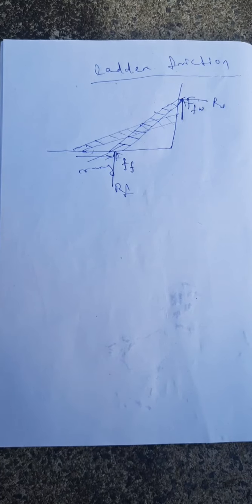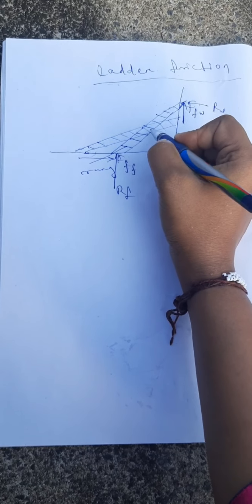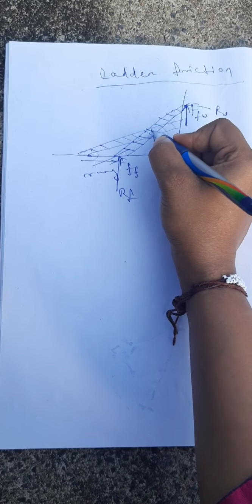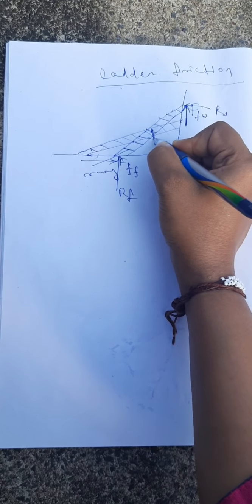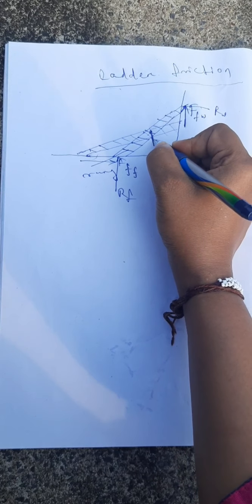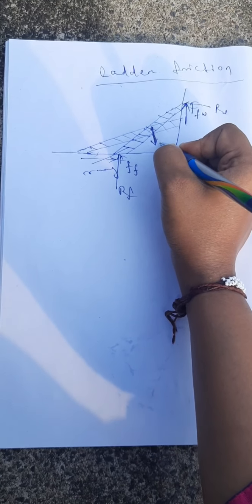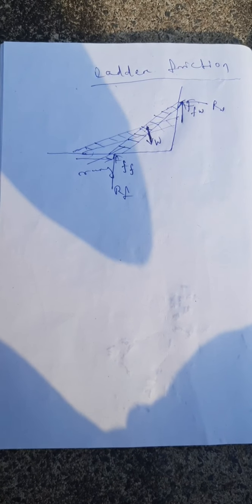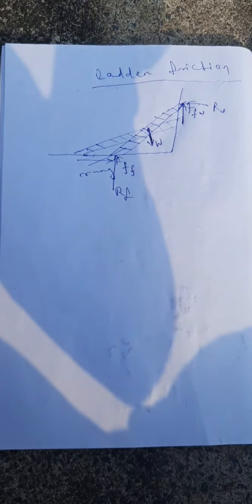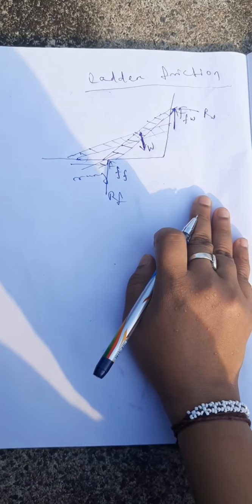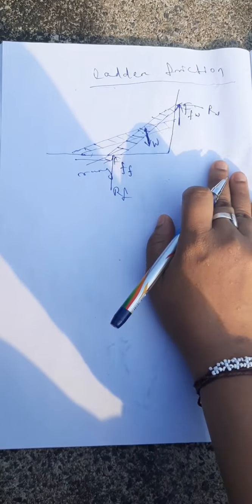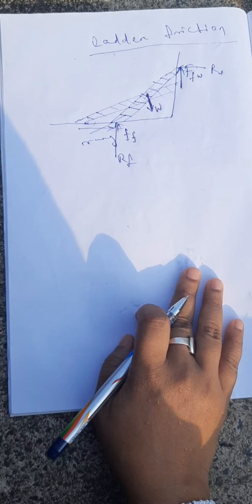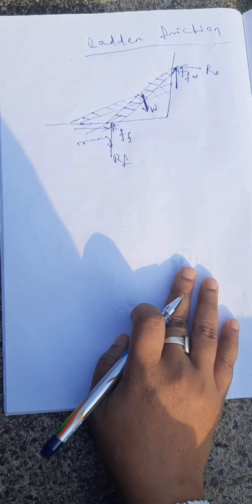And also the weight of the ladder will act at its center of gravity. Suppose we assume it as a rectangular object, then weight will act at its middle. So this is the free body diagram of a ladder. These are the forces acting on a ladder. So next we'll solve problems related to ladder friction.